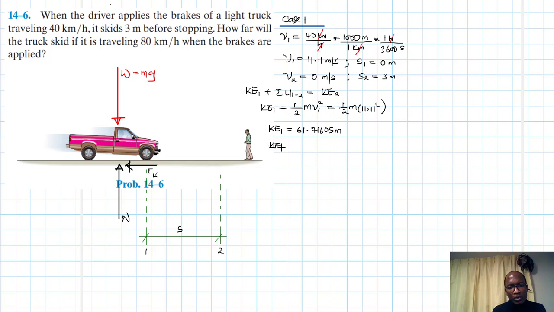And then KE2 is half m v2 squared, and this is equal to half m times 0 squared, which is just equal to 0.